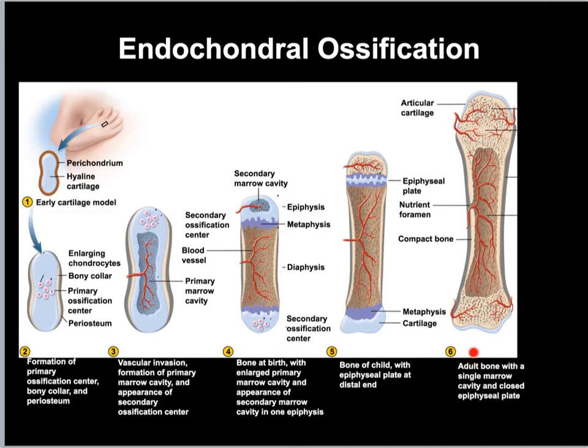And then in adult bone, the metaphysis has grown, providing more area for the diaphysis, and the epiphyseal plate has fused, meaning that the metaphysis has grown and eventually calcified and become bone there. And you see the same on the bottom down here, with a single marrow cavity and closed epiphyseal plates. So the process of endochondral ossification doesn't end with birth. It continues up through puberty.